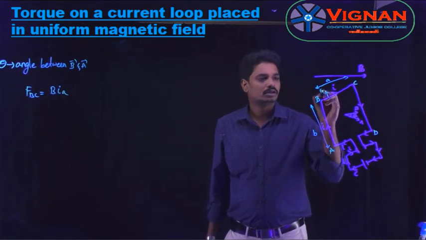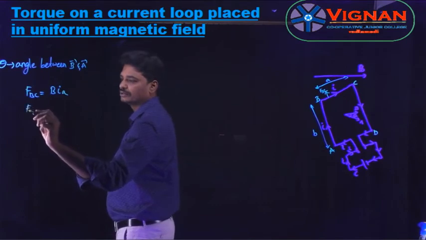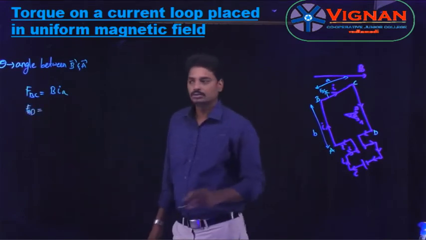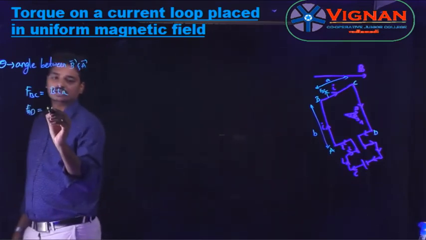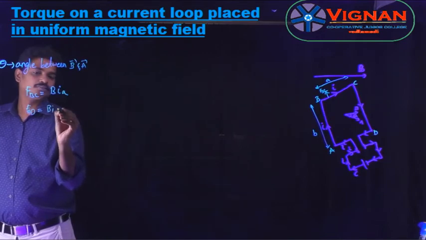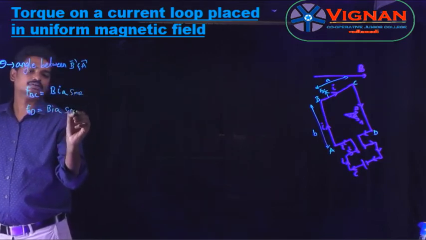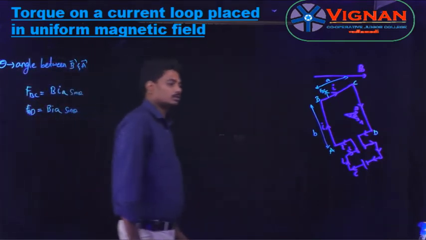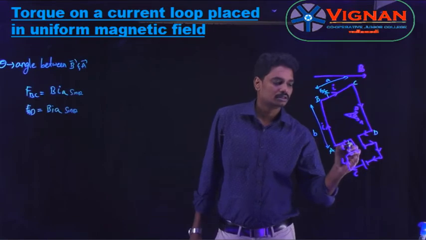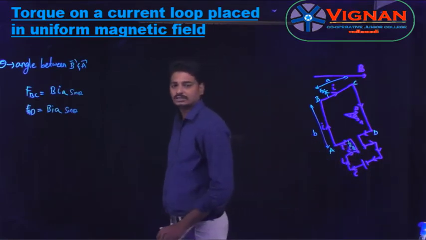Similarly, FAD is equal to BIL, so that is equal to BIA sin theta. The direction of the force here is downwards for FBC.